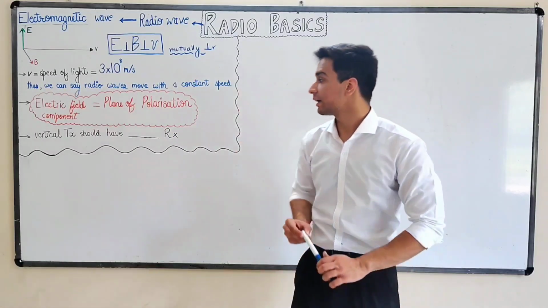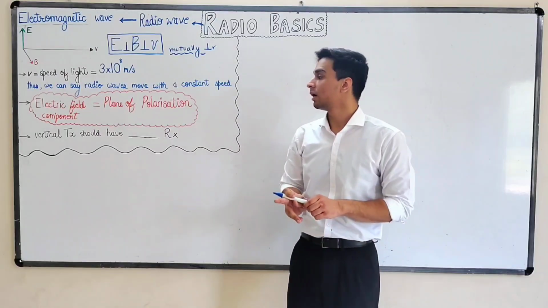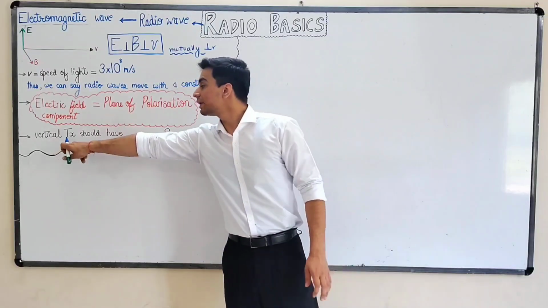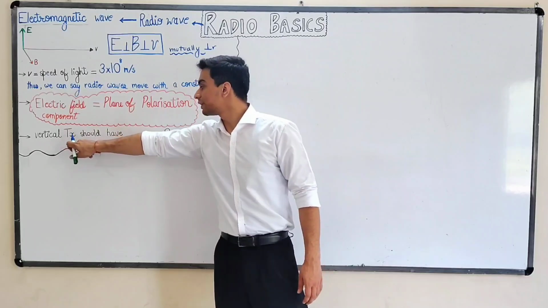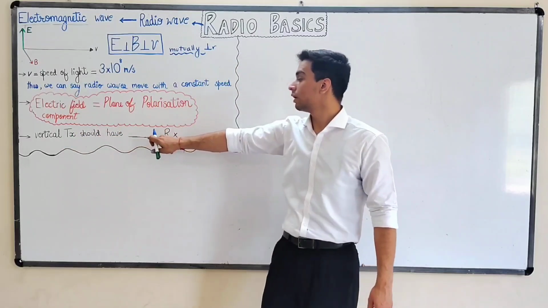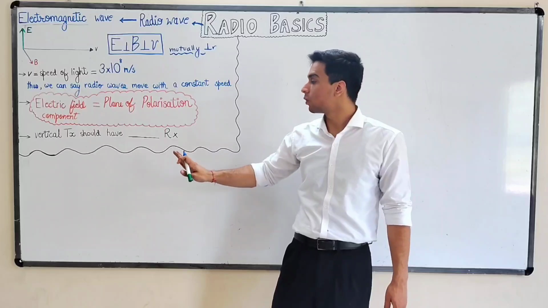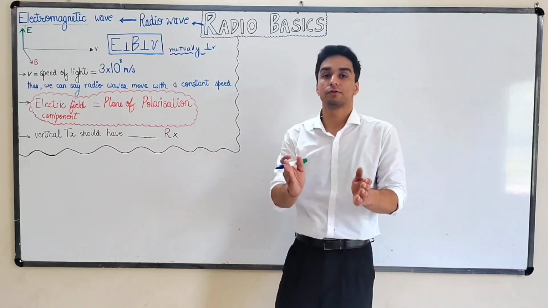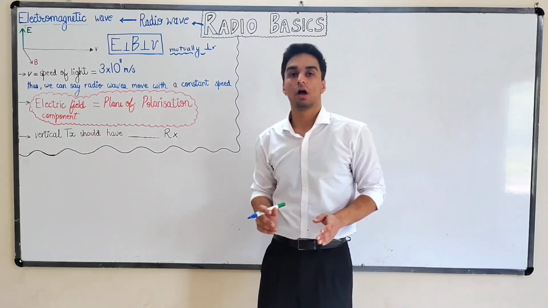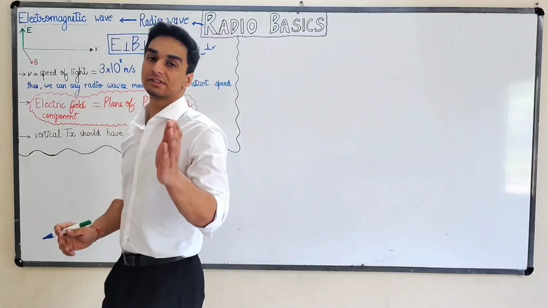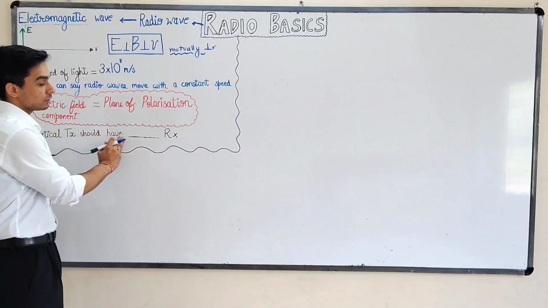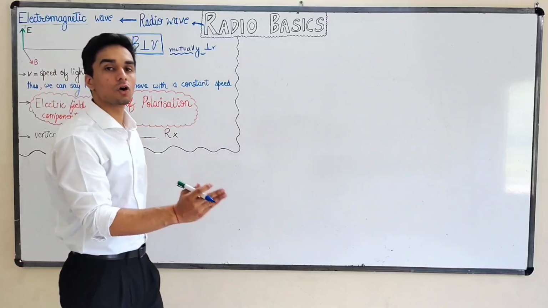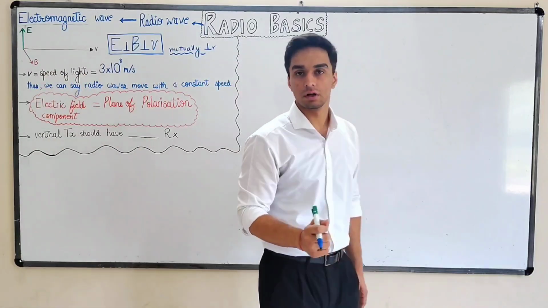Moving to the second new point that you will be learning is that a vertical transmitter, this is the way of writing transmitter. A vertical transmitter should have a dash receiver. Now, I leave a dash because I want to ask this question to you. By common sense, what will be the answer to this question? A vertical transmitter should have a vertical receiver or a horizontal receiver.